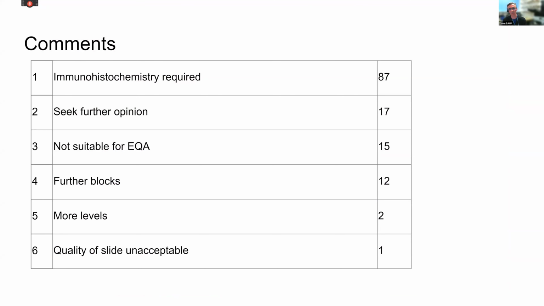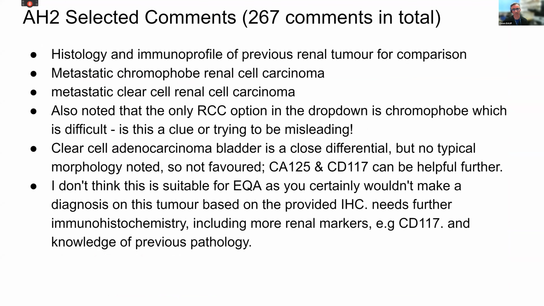So 87 requiring much more immunohistochemistry, seeking further opinion. A fair few didn't think it was suitable, again, based on the morphology and the immuno. So again, 36 comments in the last question, 267 comments here, and many, again, trying to weigh up the pros and cons of the morphology, the immuno, and the history as well, the previous renal tumor.